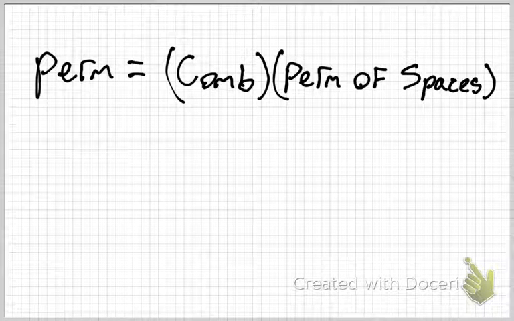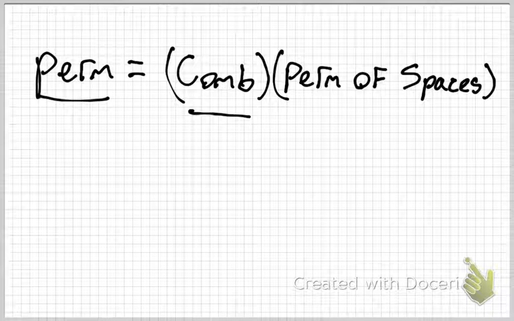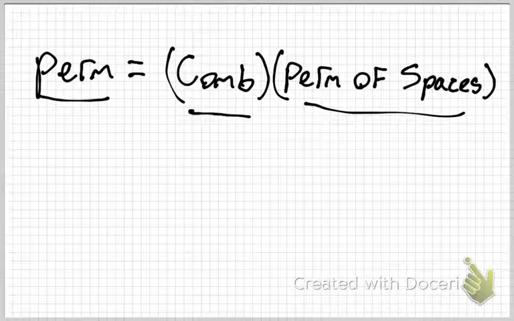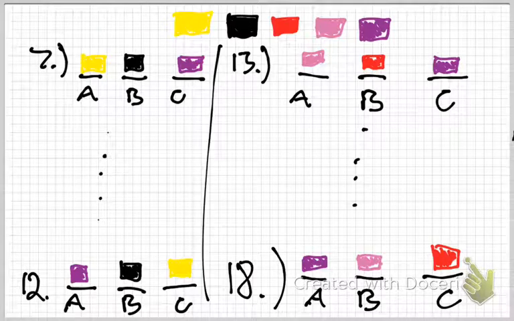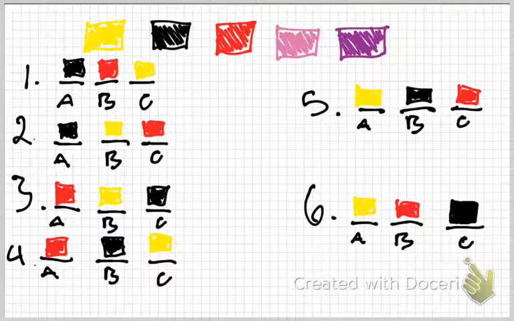The total number of permutations is equal to the total number of combinations times the total number of permutations within that combination.